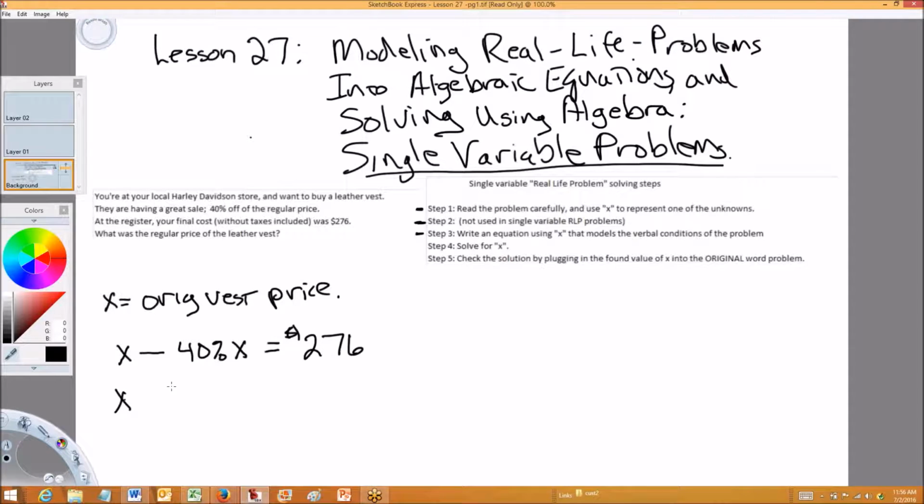I'm going to rewrite that with the decimal form of the percentage. And that represents our problem. So again, the original price minus 40% off the original price came to $276 at the cash register, again, without taxes. So solving this, we can pull x out.